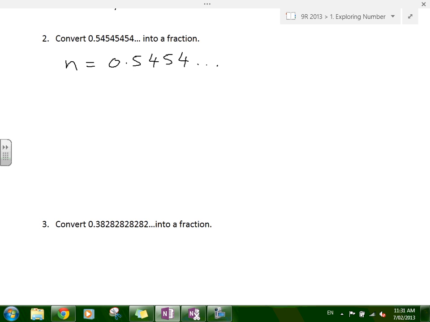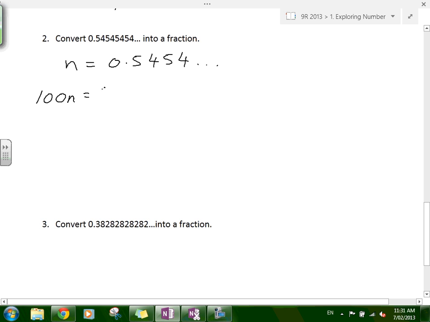But if I shift it up by 2 decimal places, if I multiply it by 100, it's going to be 54.545454. In this case, we've got 2 decimal places.